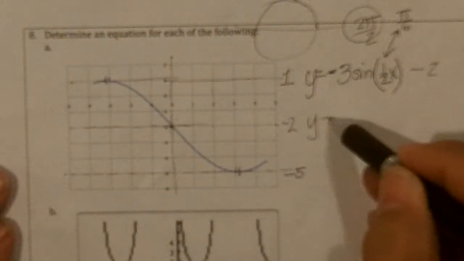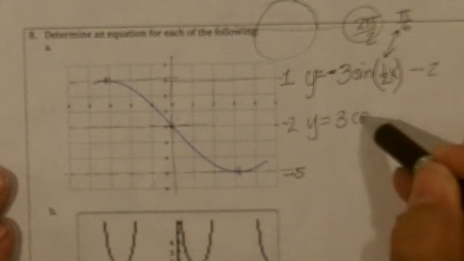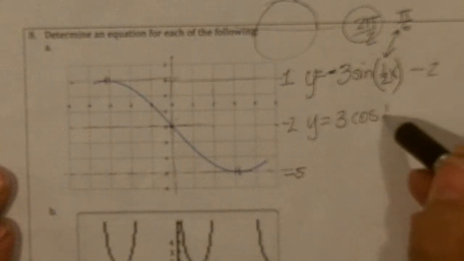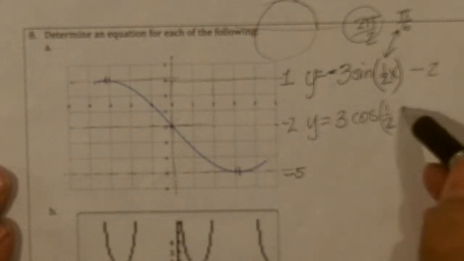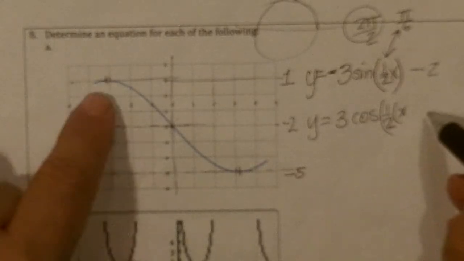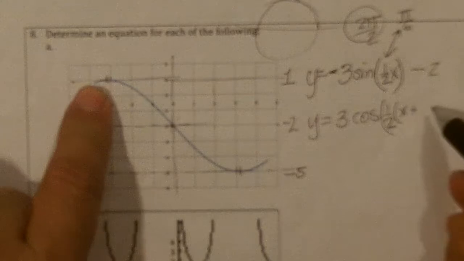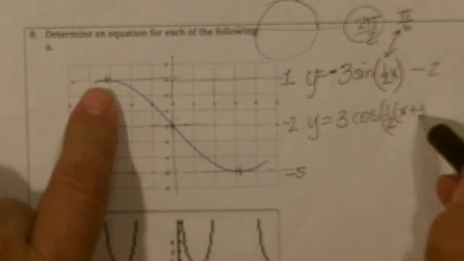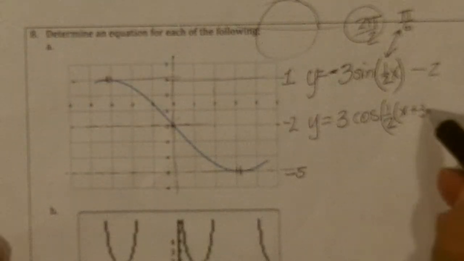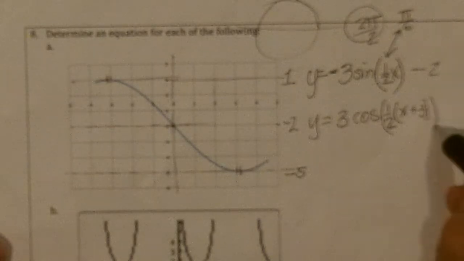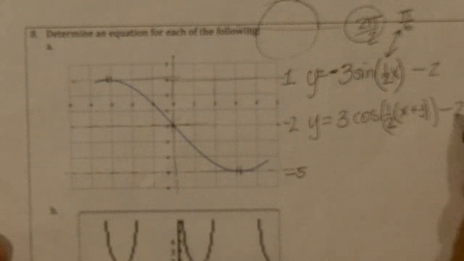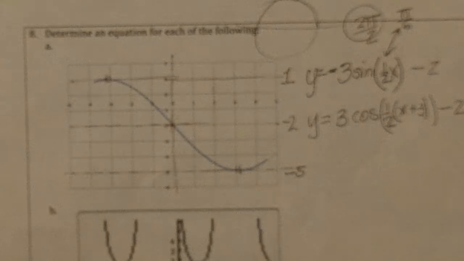And so you could have written y equals 3 cosine half, and then parenthesis x. To move it back, you would have to go +3 or pi, something like that, -2. The center line is still down 2. So that would have worked also.